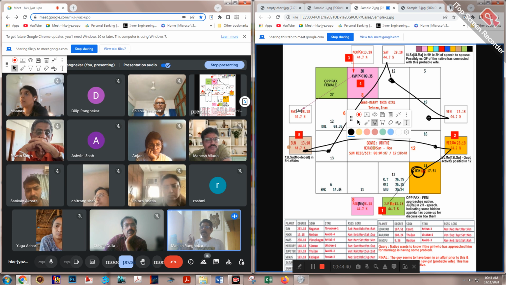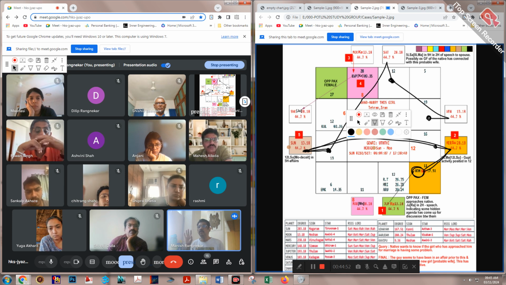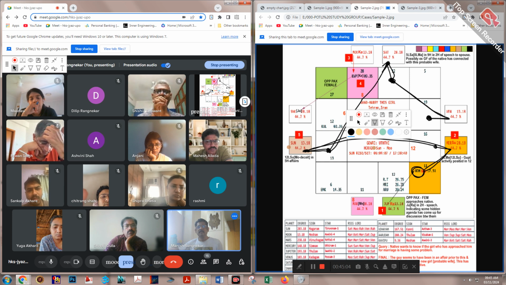Just try to connect. So this fellow has gone and sat in the house of loss. Why is the loss? Because it is somewhere connected to extramarital affair, which is Saturn. Saturn is also, if you remember, I told you, Gupt. Barabar. This Saturn has gone and sat in the Dhairya Sthan of the girl, and the Lord of the Dhairya Sthan of the girl has gone and sat in her 5th house, which is his 11th house, which is ruled by Moon.